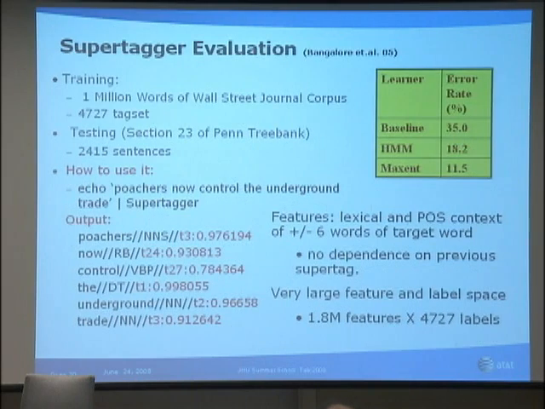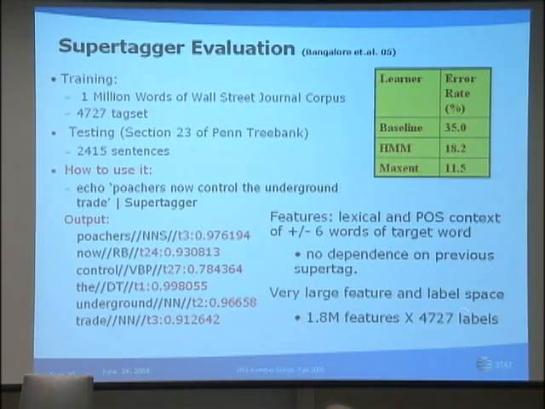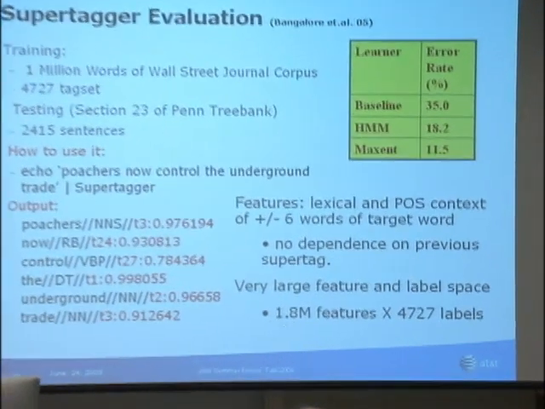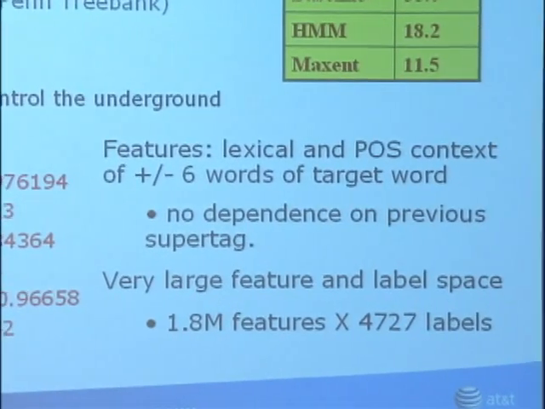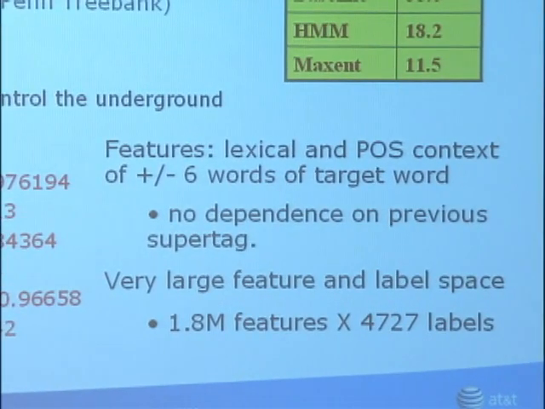But that's where the scaling that Patrick talked about comes in. What do we have? We have about 4,727 labels, and we have features which we take as just lexical and part of speech features from the left context and from the right context. And as I was saying earlier, there is no dependence on the preceding decision that you made. So it's a very, very simple disambiguation model.